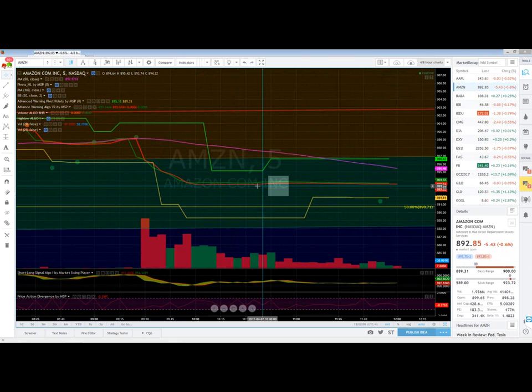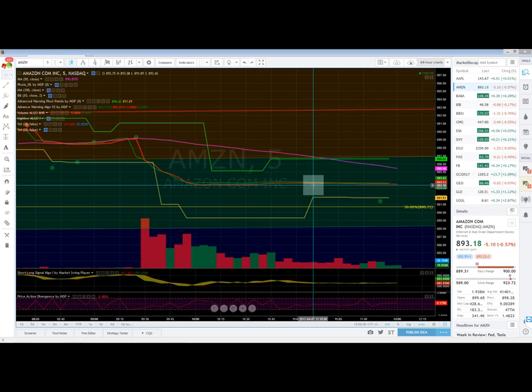And the advanced warning algo also acts as support and resistance, as well as tells you if price is bullish or bearish. Bullish means more buying pressure. Bearish means more selling pressure.